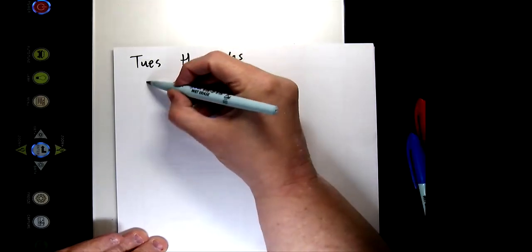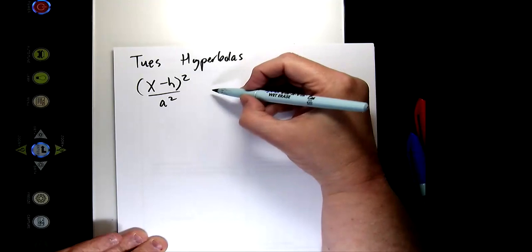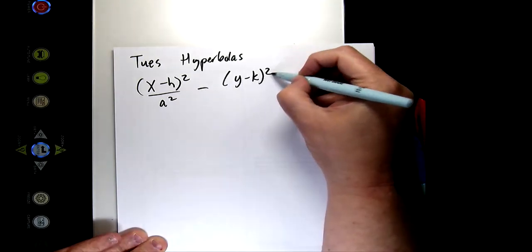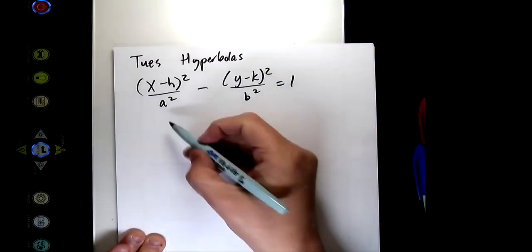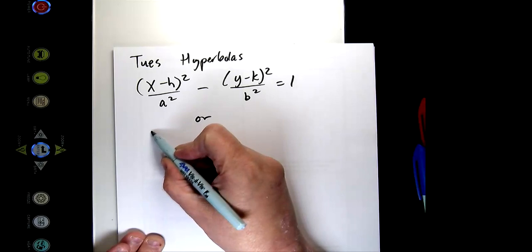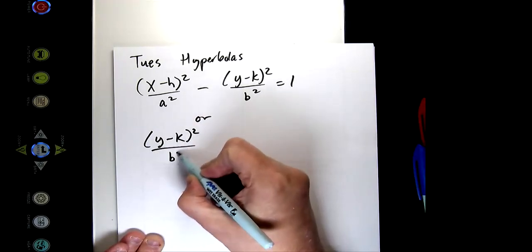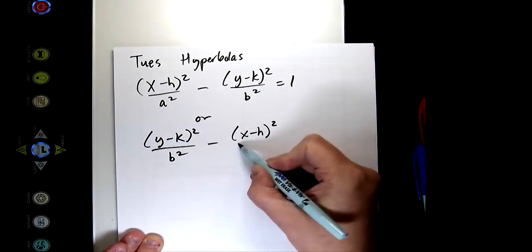And the general form there is x minus h squared over a squared minus y minus k squared over b squared. And sometimes it's the other way around, sometimes the y one first. But one of them is being subtracted from the other.